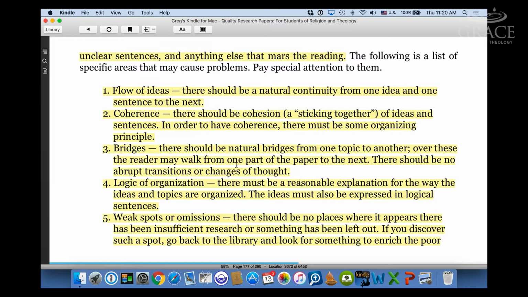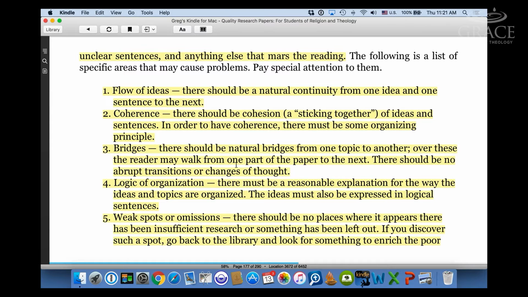There should be a cohesion of ideas and sentences. And so, again, make sure it's organized. And that goes back to that outline. Third, bridges. There should be natural bridges from one topic to another. And so you use those transition words that we saw earlier. There should be a logic of organization. Again, the outline is so important.